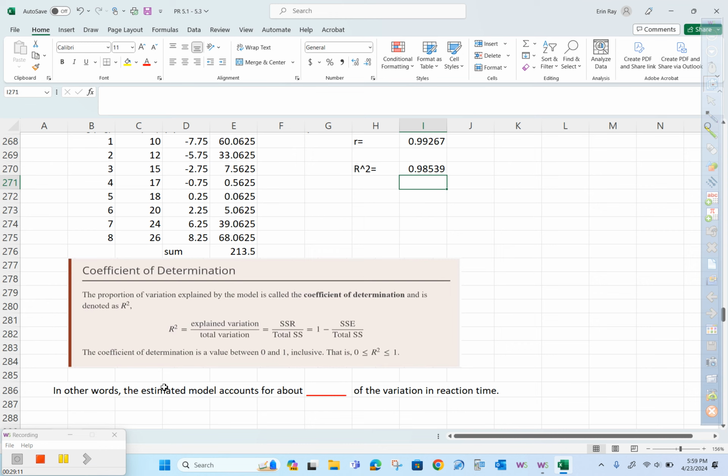You're going to say the estimated model, okay, ours is going to be the line of best fit always. So we can say the line of best fit accounts for about, and we'll change it to a percent, okay, because these values are 0 to 1, and it really talks about the proportion of the variation. So here, you're going to do your equals and just grab that number from up above here.